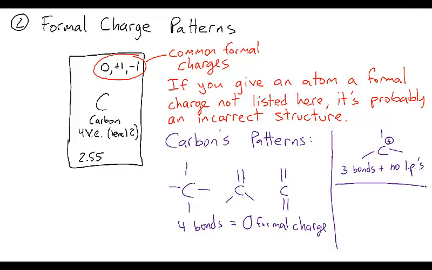And then, how would I get carbon with a negative formal charge? Well, one way would be 5 bonds on carbon, make it a Texas carbon, but we're never ever going to see that. So that's not what represents this -1 formal charge. It's 3 bonds and a lone pair.